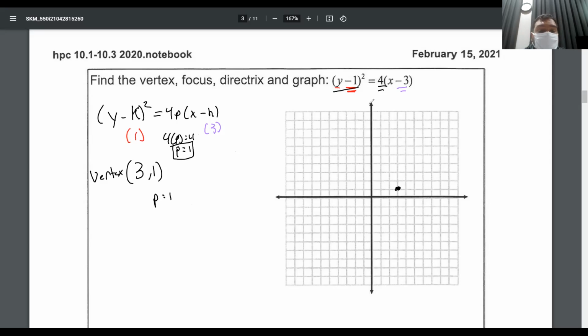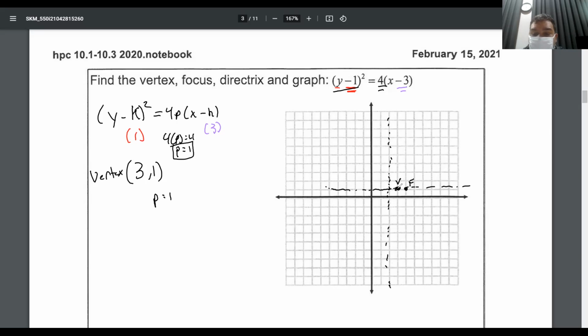This is y squared, so that means it's horizontal. So adding 1 would be going 1 to the right. So this is your focus right here. This is your vertex. Then your directrix will be going minus 1. So it's going 1 back. And the directrix, remember, is an actual vertical line or a horizontal line, depending on the situation. Your axis of symmetry is right here.